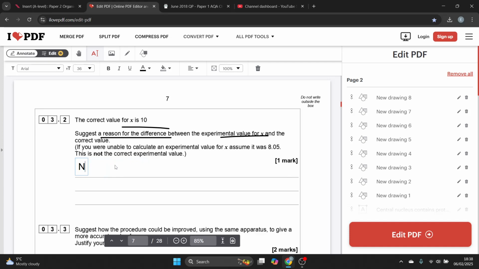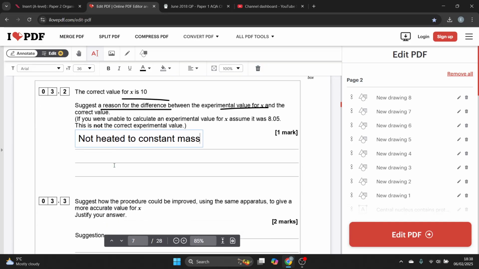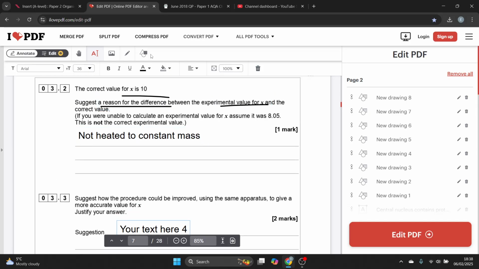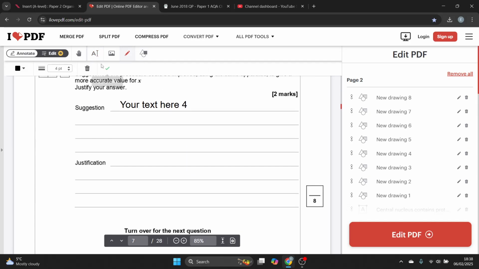The idea that it's not heated to constant mass suggests how the procedure could be improved using the same apparatus. That's why the correct value of X was 10 even though I calculated 5.68.